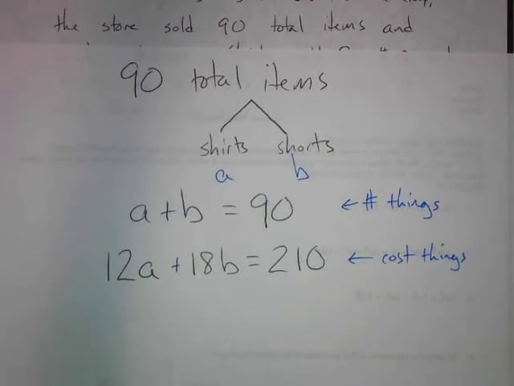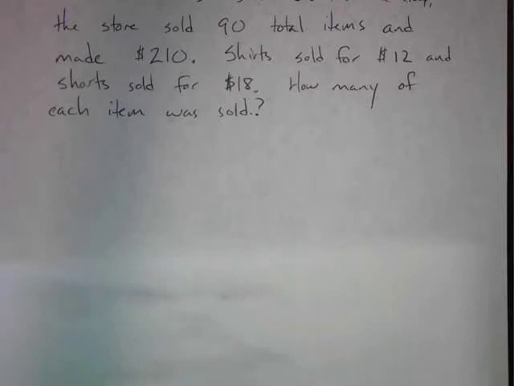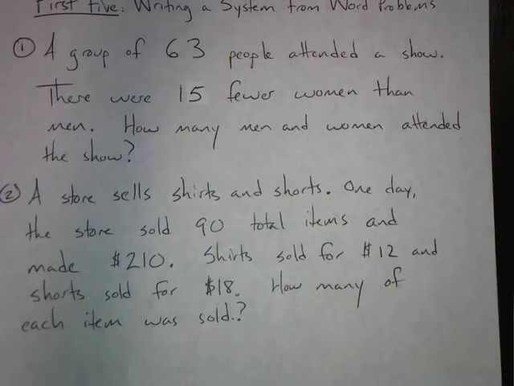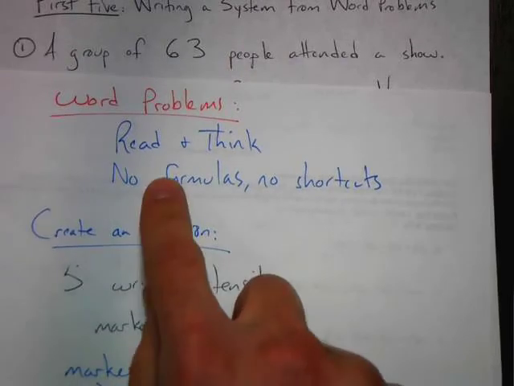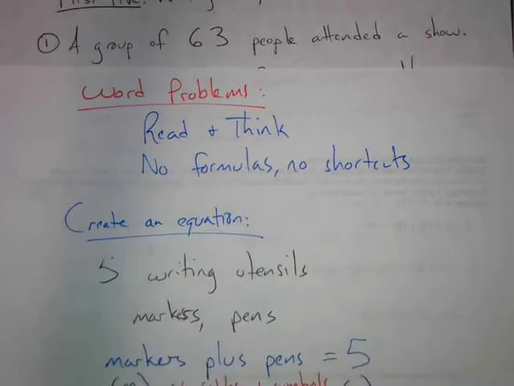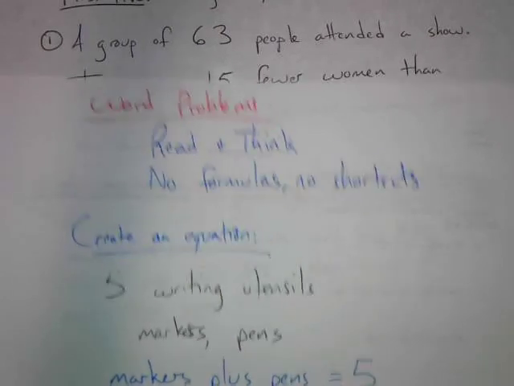So when we are encountering word problems, this is what we can do. Again, in review, when it comes to word problems, there is no formula. There is no shortcut. All you need to do is read and think. Hopefully you can come up with the correct system.